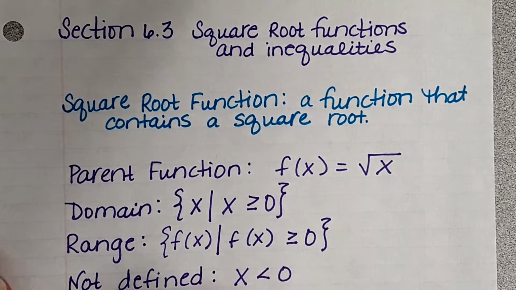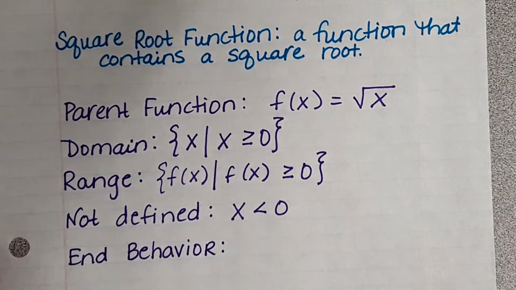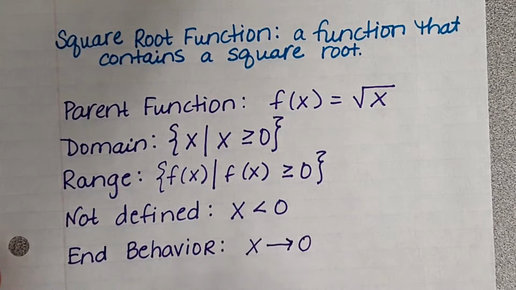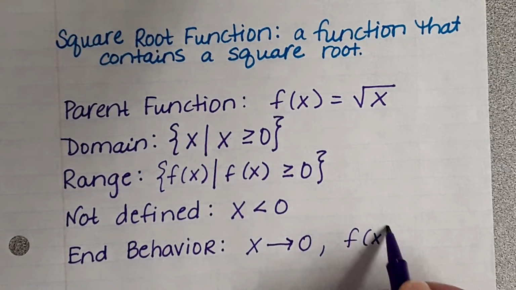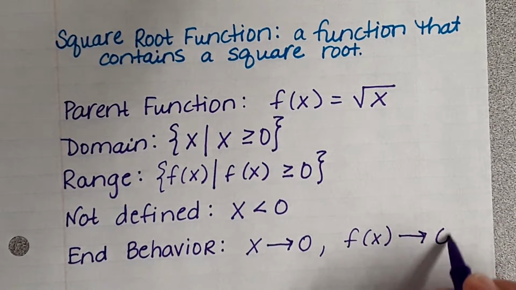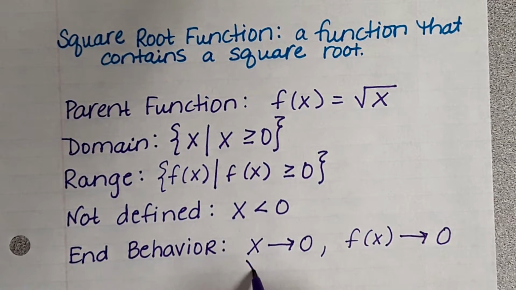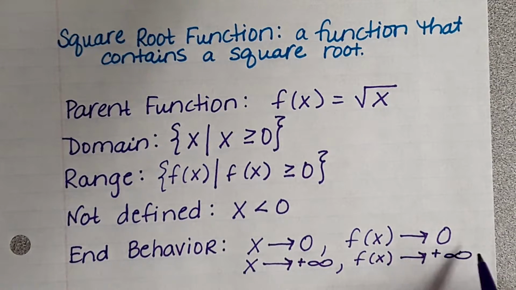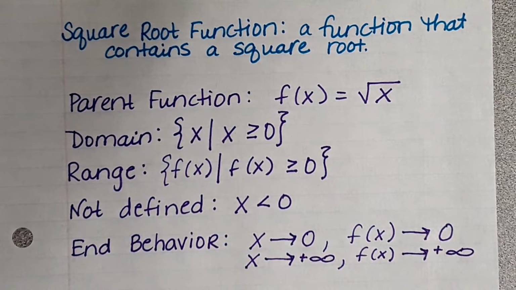So your end behavior is going to be x as it approaches 0. If our number changes, then it would be x approaching that domain number, and f of x approaching the range number. And notice it's always approaching positive infinity, okay?